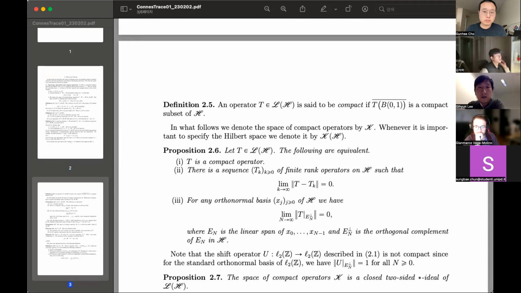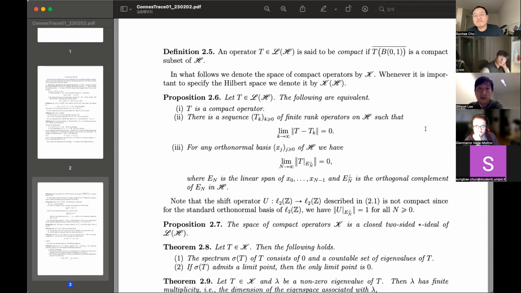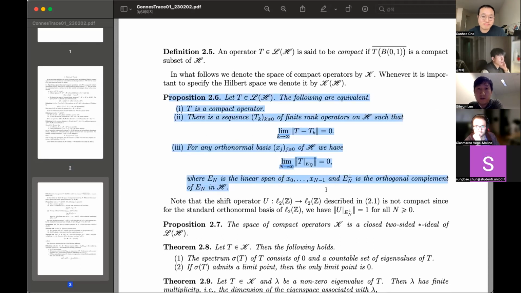Well, we need a special kind of bounded linear operator, which is called a compact operator. We say that the operator is compact if the closure of the image of the unit ball is a compact subset of H, and the space of compact operators will be denoted by calligraphic K, and there are equivalent descriptions of the notion of compact operator.